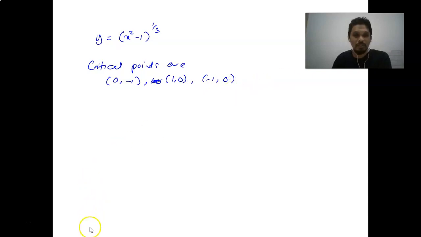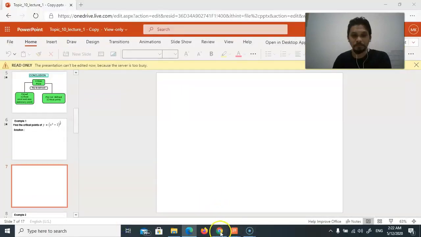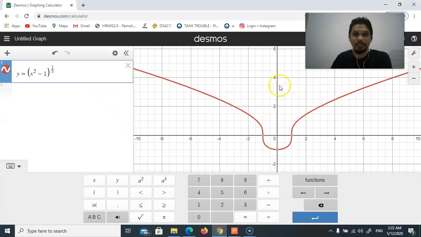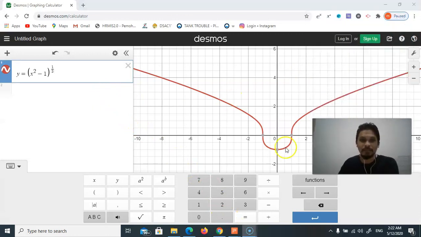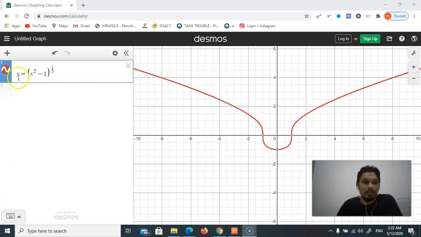Let me share with all of you the graph of this. So look at this one here now. The graph of y equals (x squared minus 1) to the power of 1 over 3.